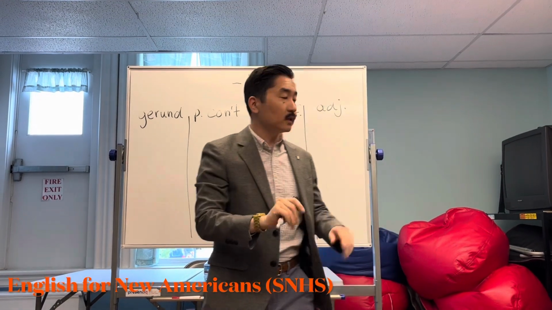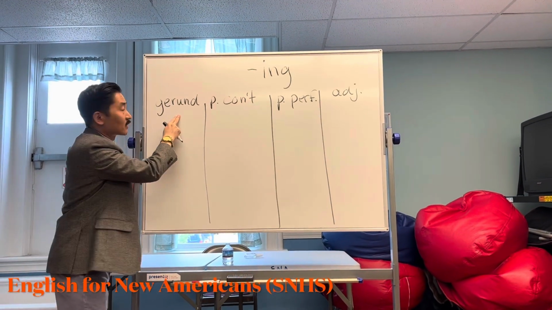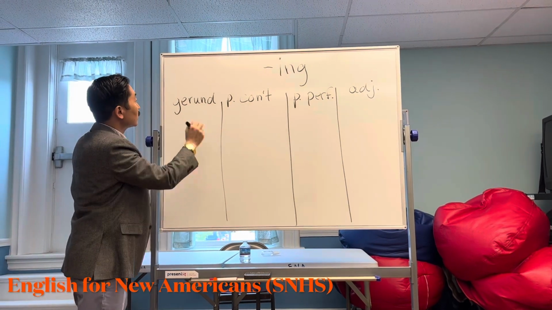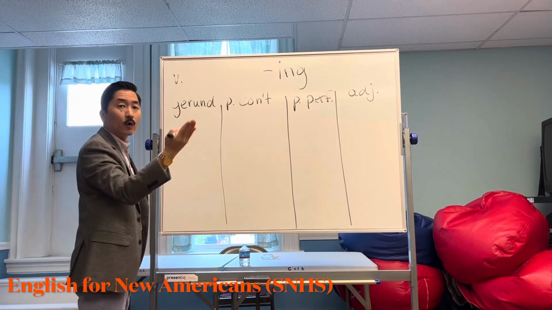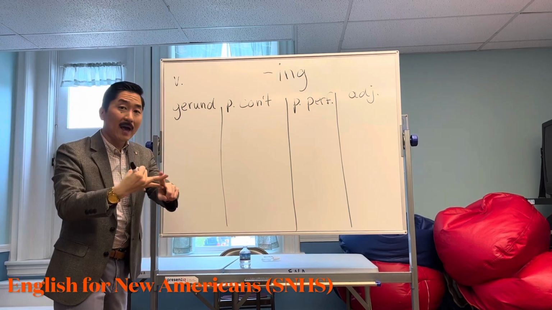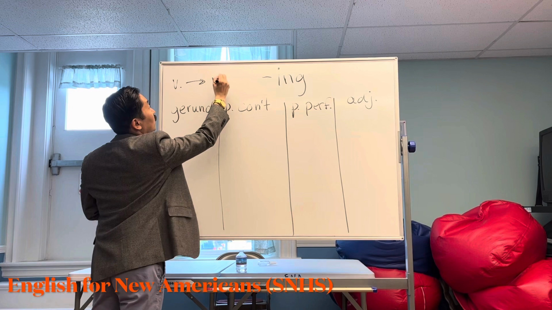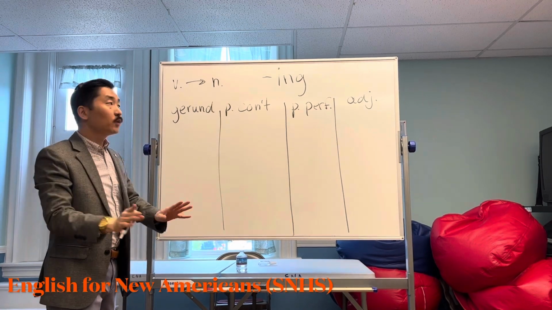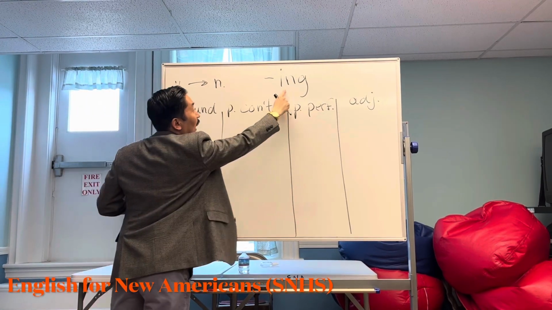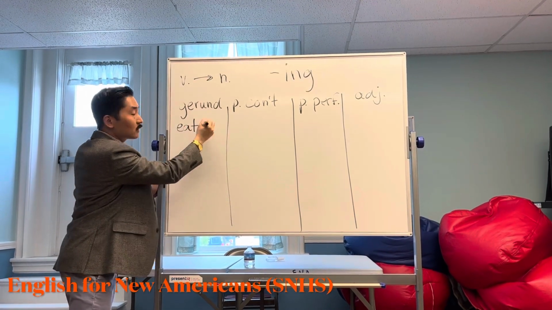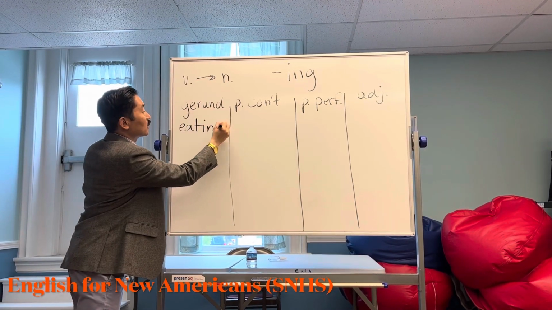First of all, most easily, we're going to talk about a gerund. Now what is a gerund? A gerund is when we take a verb, for example, eat, play, run, study, and we change that into a noun. And the way we do that in English is we add ing. For example, we take the verb eat and we add ing.